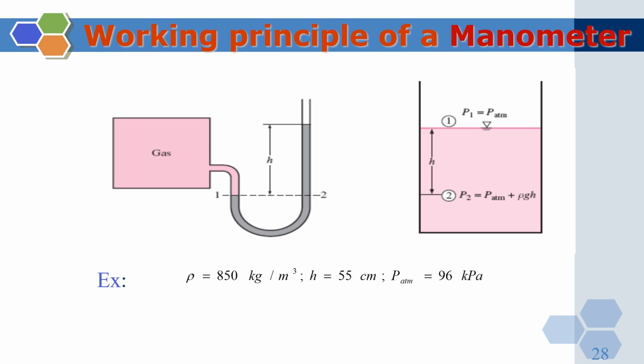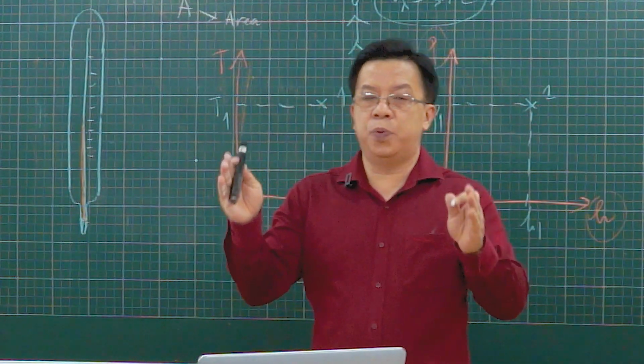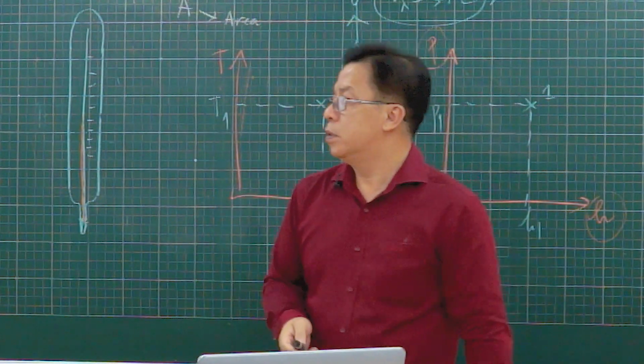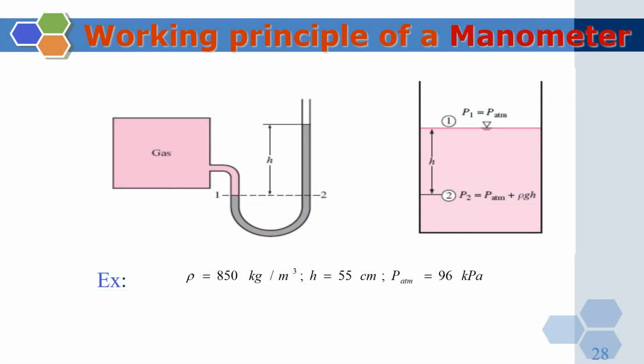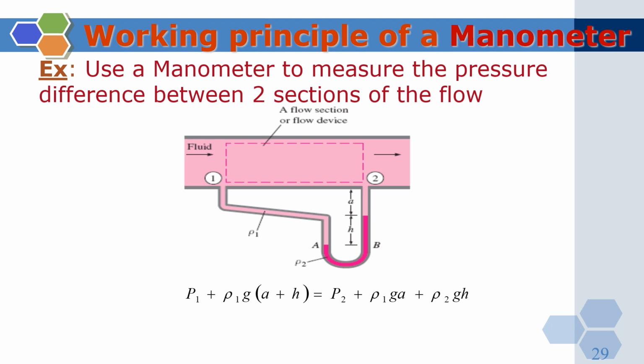Another equipment to measure the pressure we call a manometer. The manometer is used to measure the pressure difference between 2 points of the flow. For example, you can look at the picture here. In this case, you need to measure the pressure difference between point 1 and point 2.